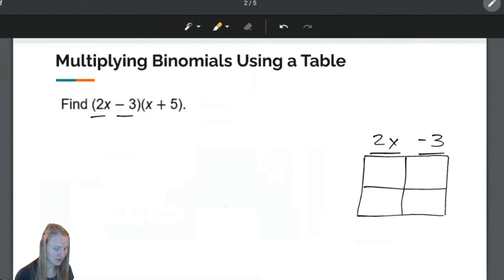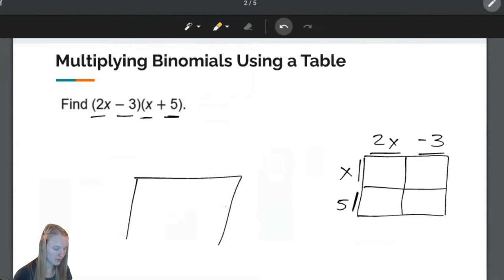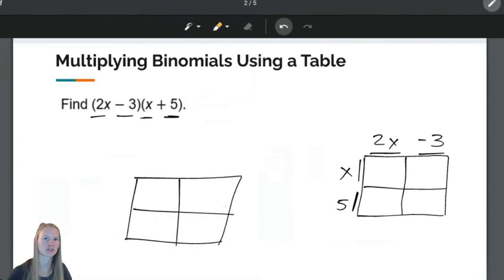Then I'm going to take my second binomial, the x plus 5, and take the first term, the x, and put it next to this box. And I'm going to take the 5 and put it next to this box. Now, maybe you remember this from when you did multiplication tables in 3rd grade, 4th grade.